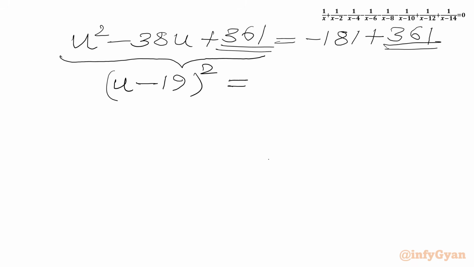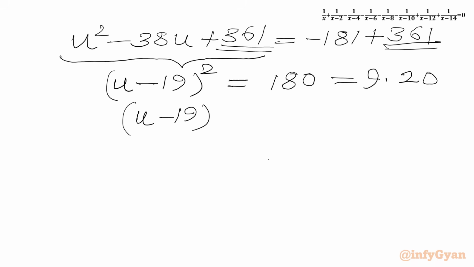Now RHS will be equal to 180, which we can factor as 9 times 20. So I will write (u - 19) whole square. This will be equal to 3 square, this is 9, times 20. Now we'll take square root both sides.